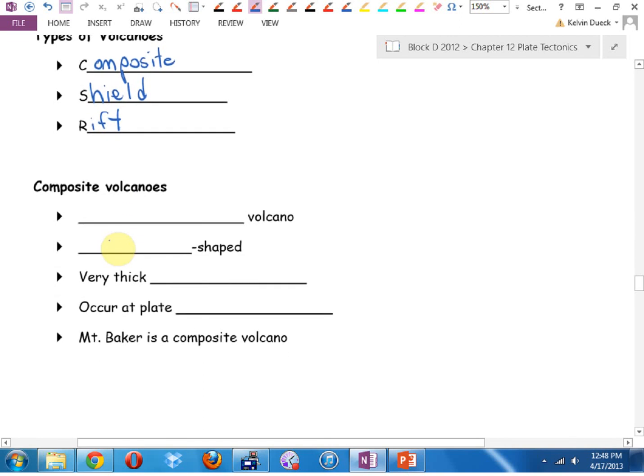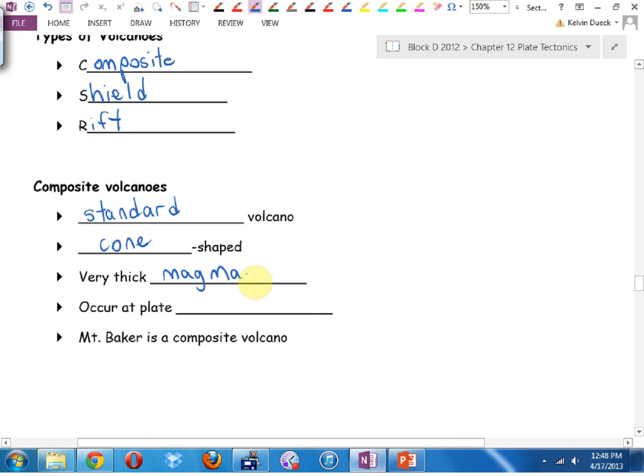Composite volcanoes. When I say volcano, this is the one most of you think of. This is your standard volcano. It's cone-shaped. Well, Mount Baker is a composite volcano, and you've all seen Mount Baker. Composite volcanoes have very thick magma.